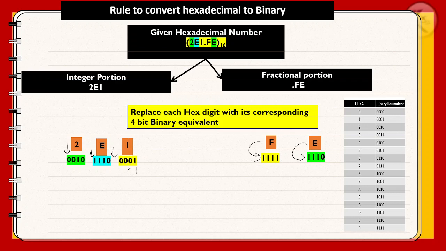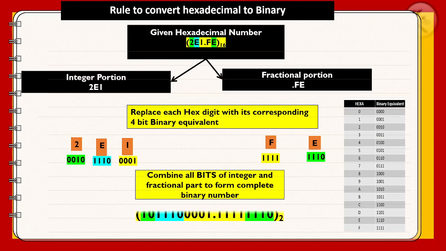You have to just follow that principle 1, 2, 4, 8. Combine all the bits, and here we have dropped these leading zeros from the whole number part. So this is our information. Even if you don't omit, like I have not omitted this zero on the extreme right, the answer will be okay.